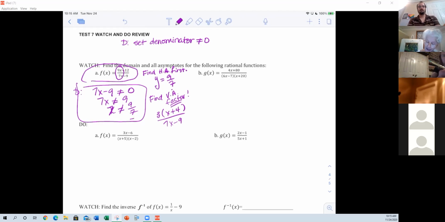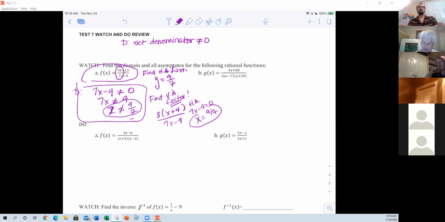But in this case, nothing cancels. So to find the vertical asymptote, we're going to say 7x minus 9 equals 0, so x is equal to 9 over 7. Now this is not a coincidence, because unless something in the denominator is a hole, it will be a vertical asymptote, unless it cancels out.